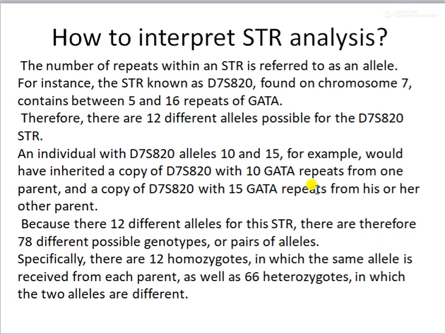We always consider that half of the genetic material comes from each parent. So he might get allele 10 from one parent, and 15 from the other parent. And based upon this, we can also identify parental disputes.